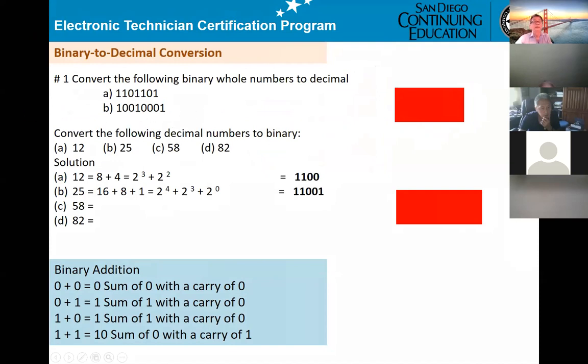You understand, you're using 1 times whatever number to whatever power. This one I think you already got the answer last time, so I can give you the answer here. Make sure you get the right answer.